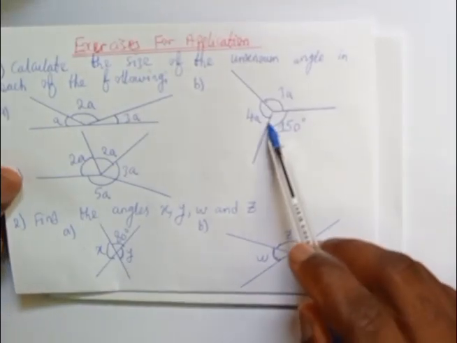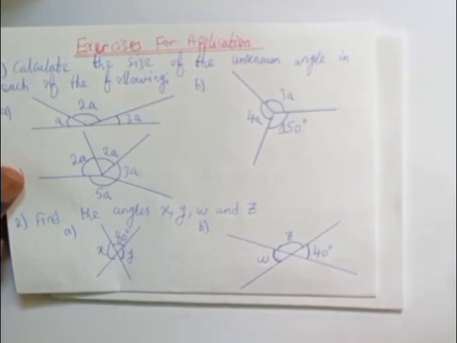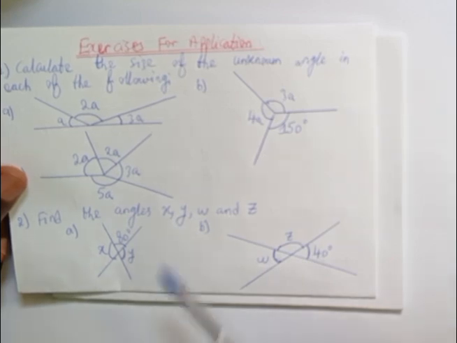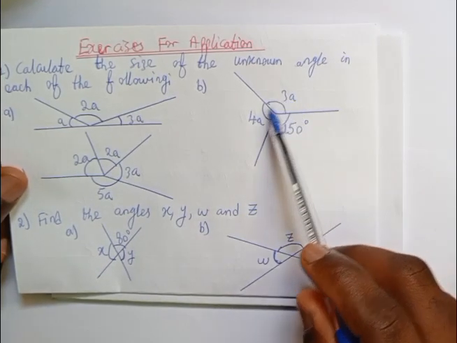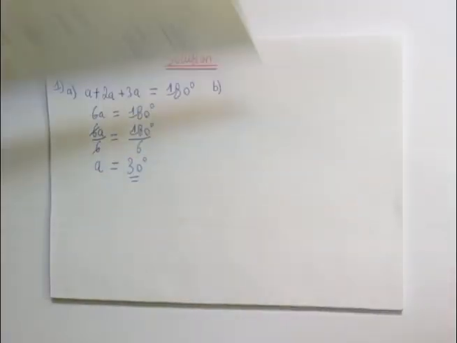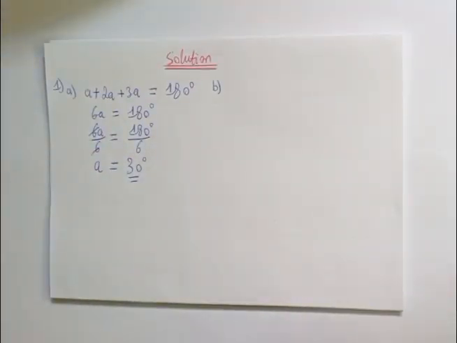For us to answer question B, we are going to make use of the fact that the sum of the angles round a point is equal to 360 degrees. That means we are going to take 3A plus 4A plus 150 degrees. Then we equate it to 360 degrees.